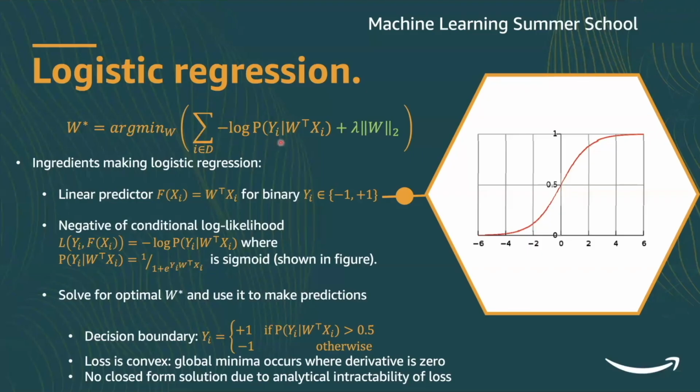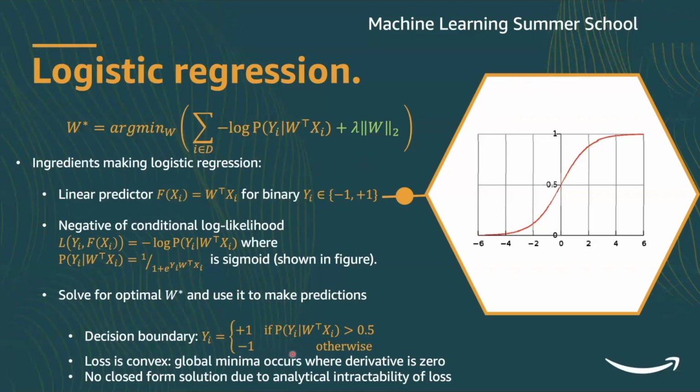Minimize this negative of log probabilities over the full data set. And we can also add a regularization as necessary to find the right fit. If we were to find the right W star, then at inference time, we would take this probability of the test sample. And if it is above 0.5, it belongs to class 1, otherwise it belongs to -1.